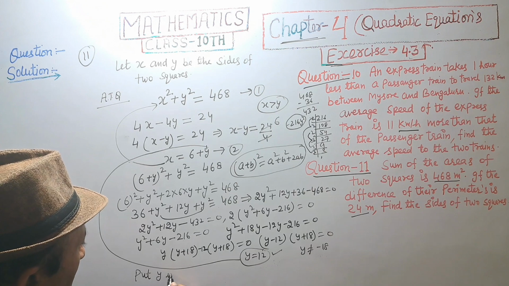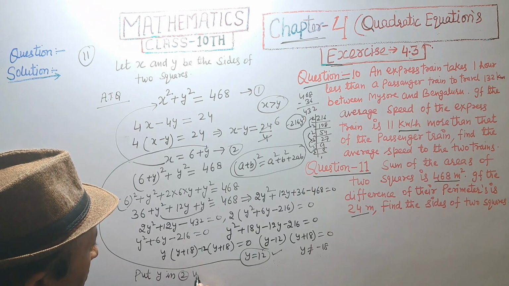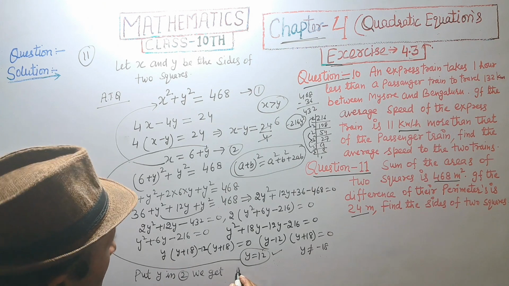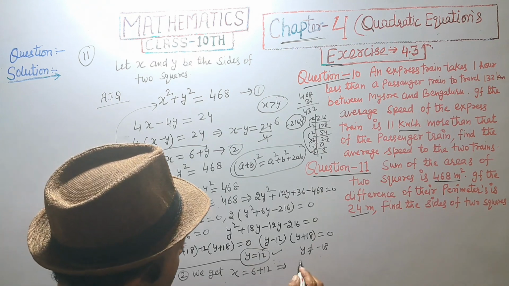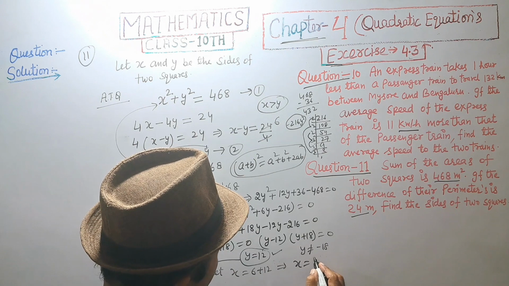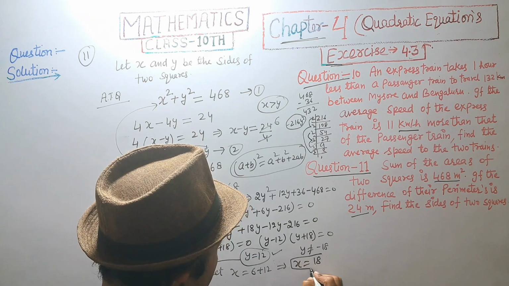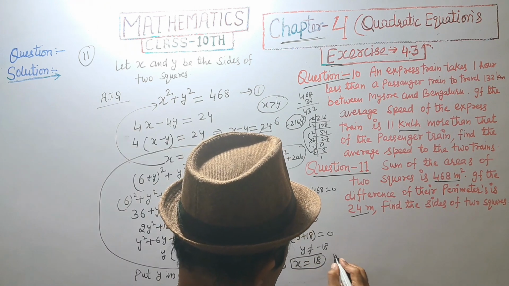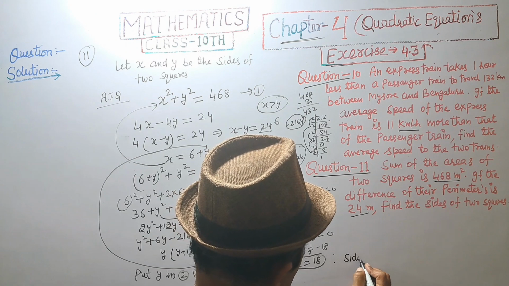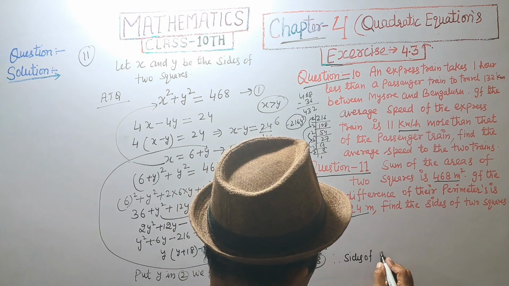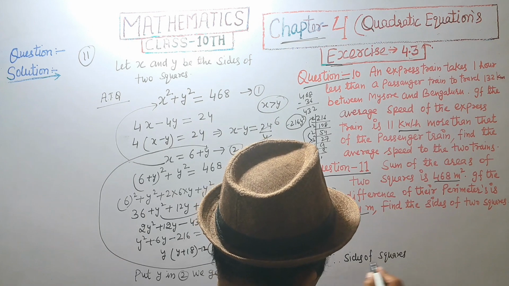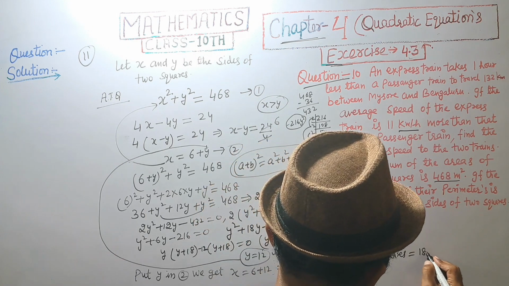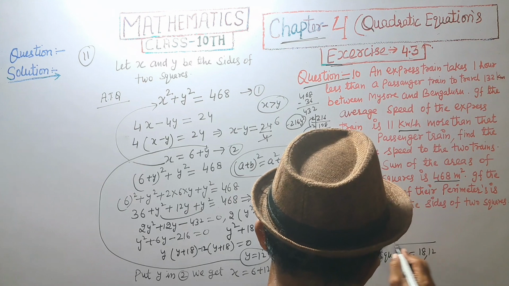Put y in the second, we get x is equal to 6 + 12. This implies x is equal to 18. So sides of the squares are 18, 12.